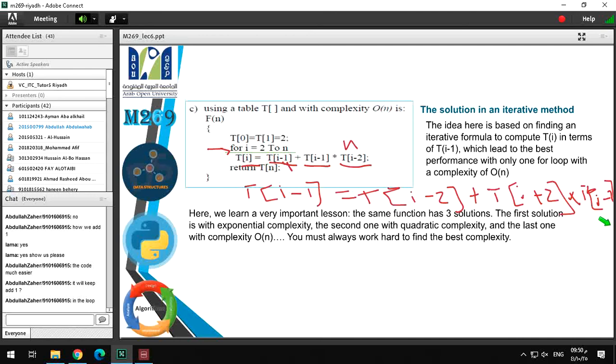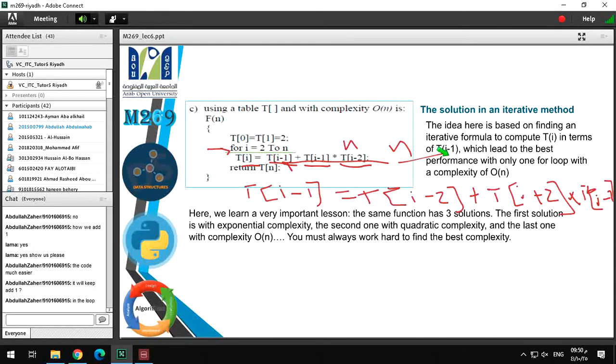So it is computing the value of T(i) based on the value of T(i minus 1). If you do this, we are executing this process n times. So the complexity is O of n.